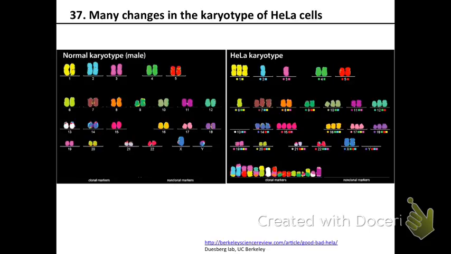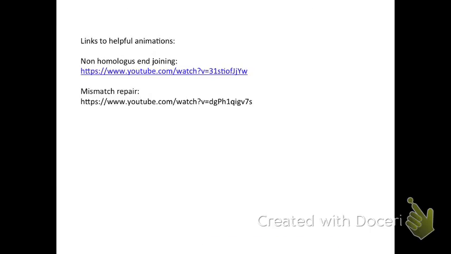That means it gives an advantage to that cell to proliferate constantly and without control, right? So you can think of these cells as evolutionarily adapting to growing in tissue culture conditions. These cells are going through these changes to adapt to that. Okay, so that's it. Any questions?